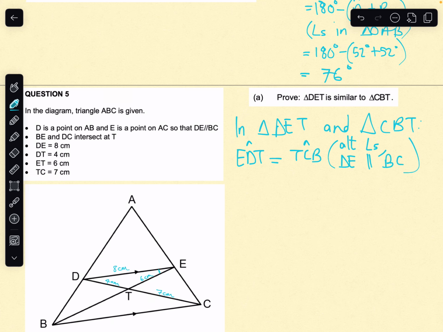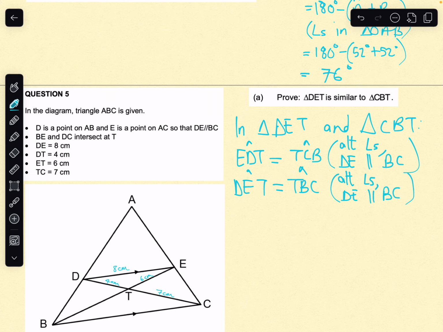Then angle DET is equal to angle TBC, also because of alternate angles on the same parallel lines.